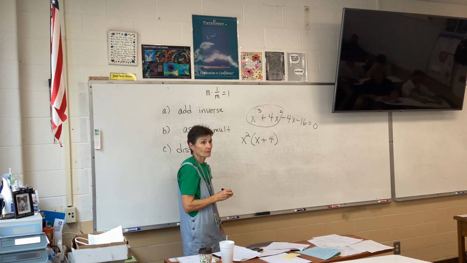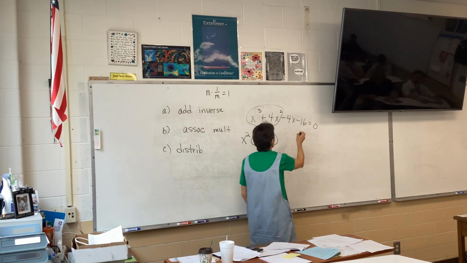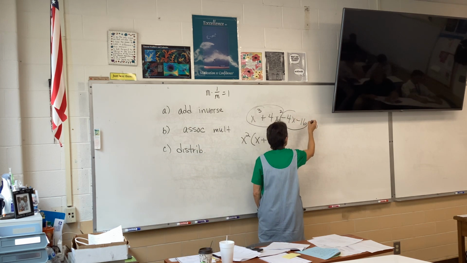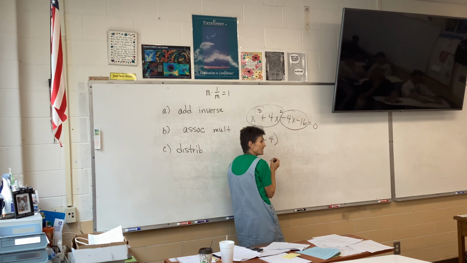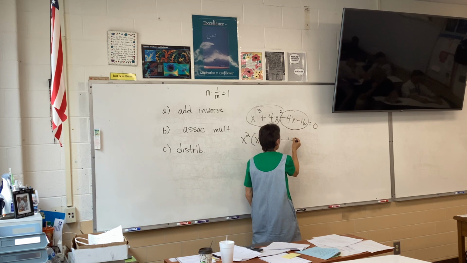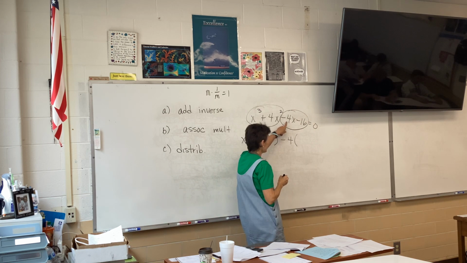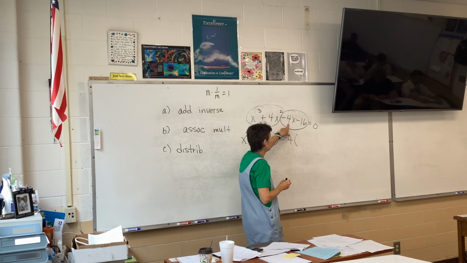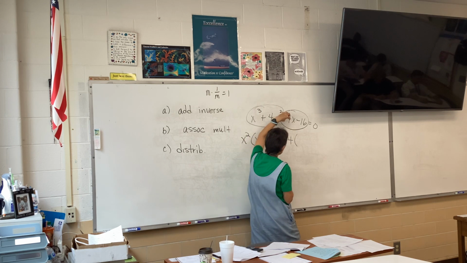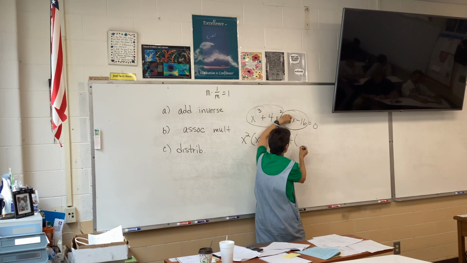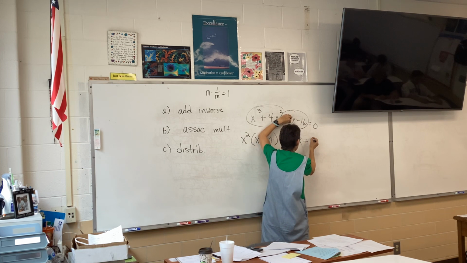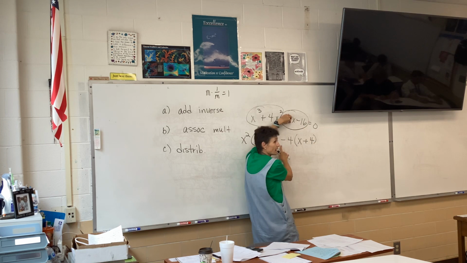Now, what can we take out of these two? Be careful, what can we take out? A negative 4. You wanna take out that negative and a 4. Now, if you take out the negative 4, what do you have left? X plus 4. Remember, you took out the negative.